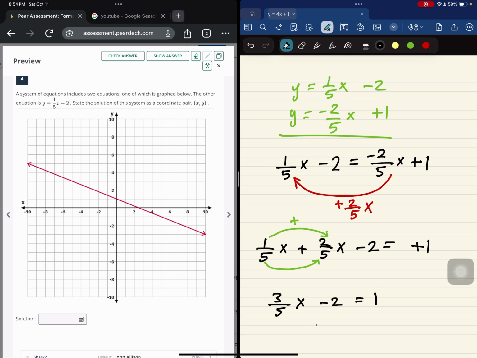Now we can move the 2 to the other side by adding the opposite of negative 2, which is plus 2.